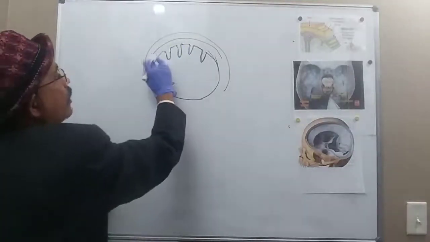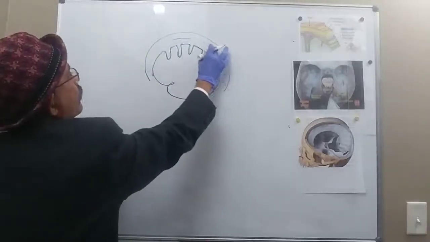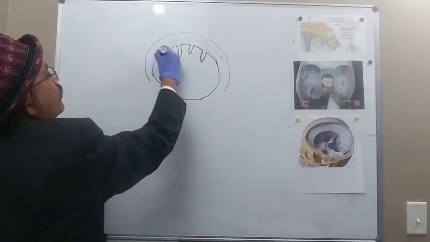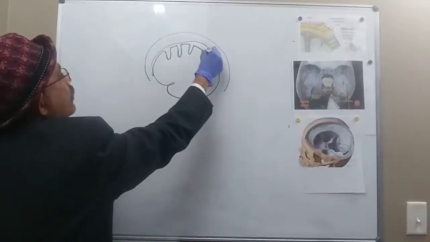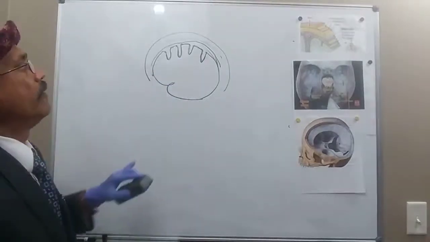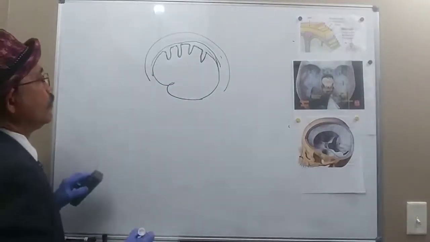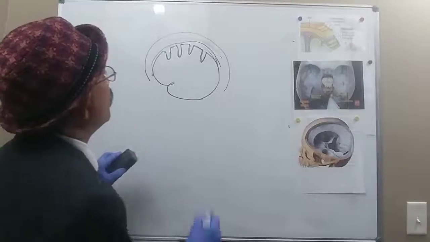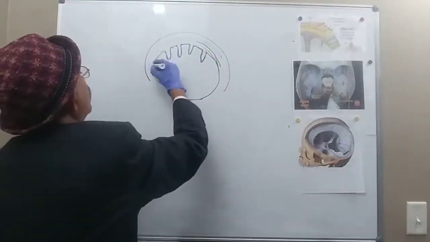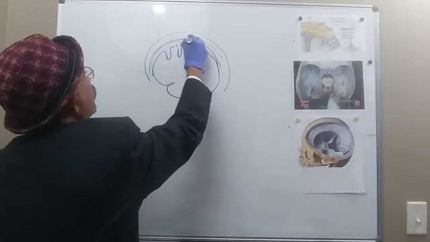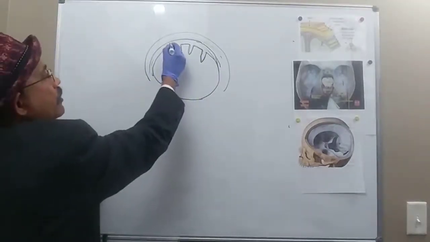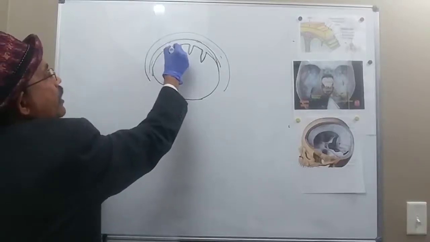The arachnoid mater does not go inside the sulci of the brain. The subarachnoid space is the space between them. This is the arachnoid mater, and this is the subarachnoid space between the arachnoid mater and the pia mater.